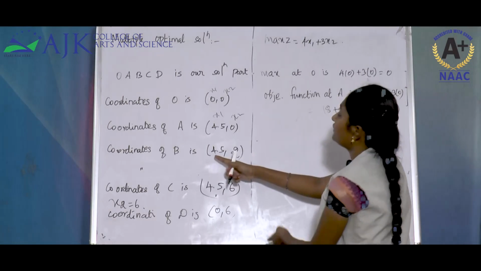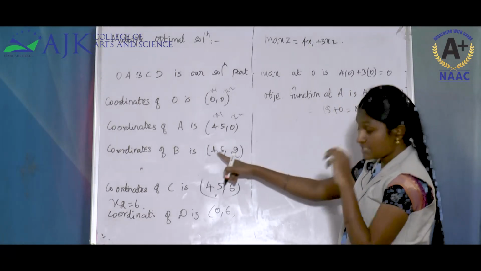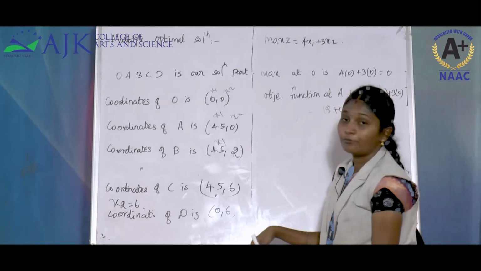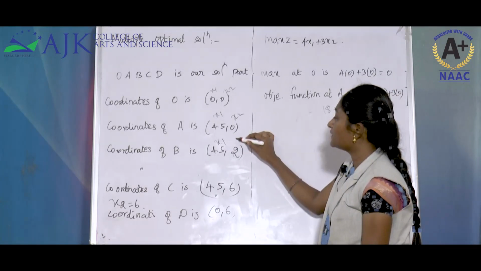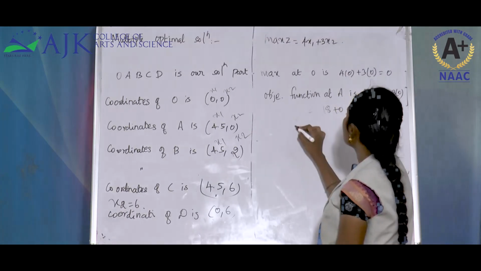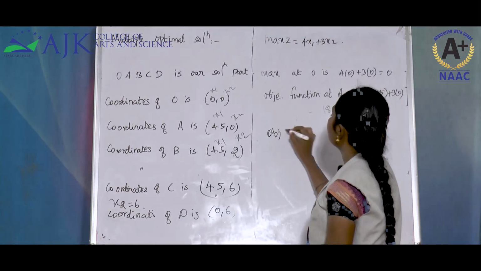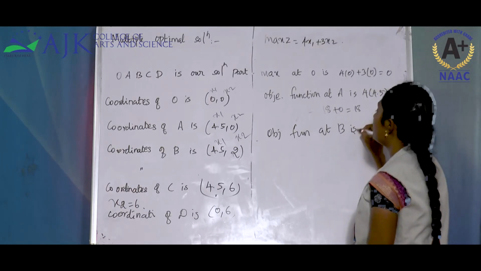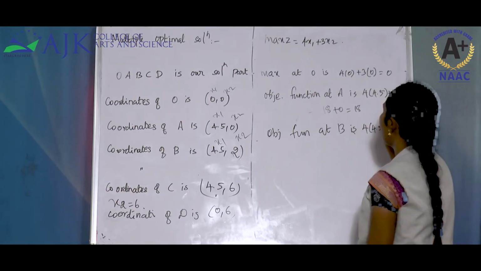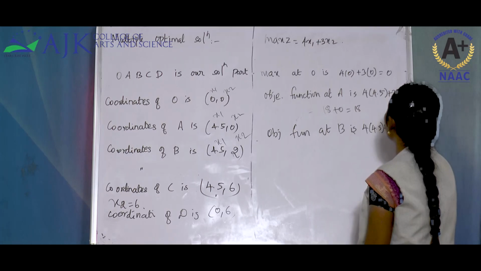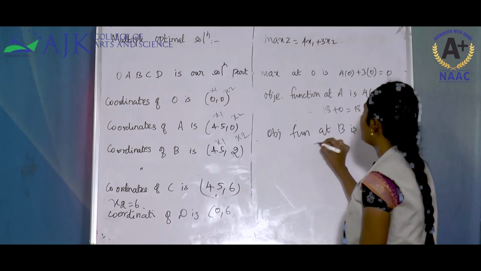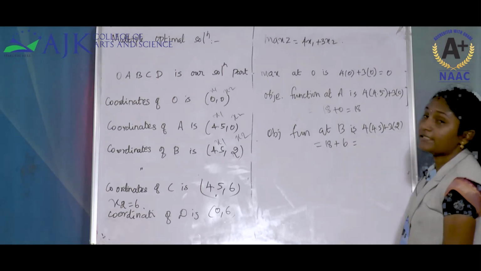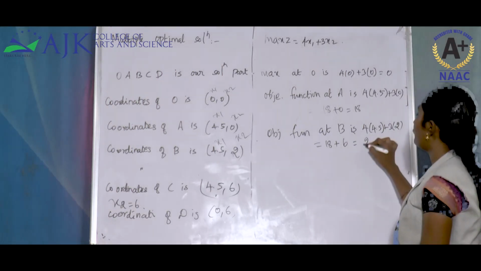Next, objective function at B is 4.5 comma 2. So your x1 value is 4.5 and x2 value is 2. So objective function at B is 4 into 4.5 plus 3 into 2. So 4 into 4.5 is 18 plus 3 into 2 is 6. So 18 plus 6 is 24.